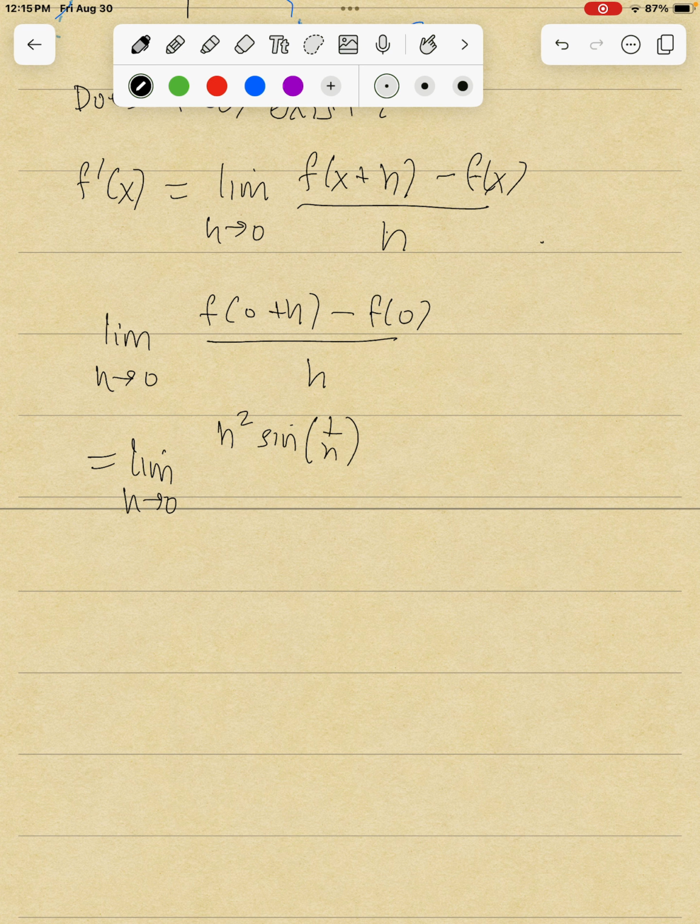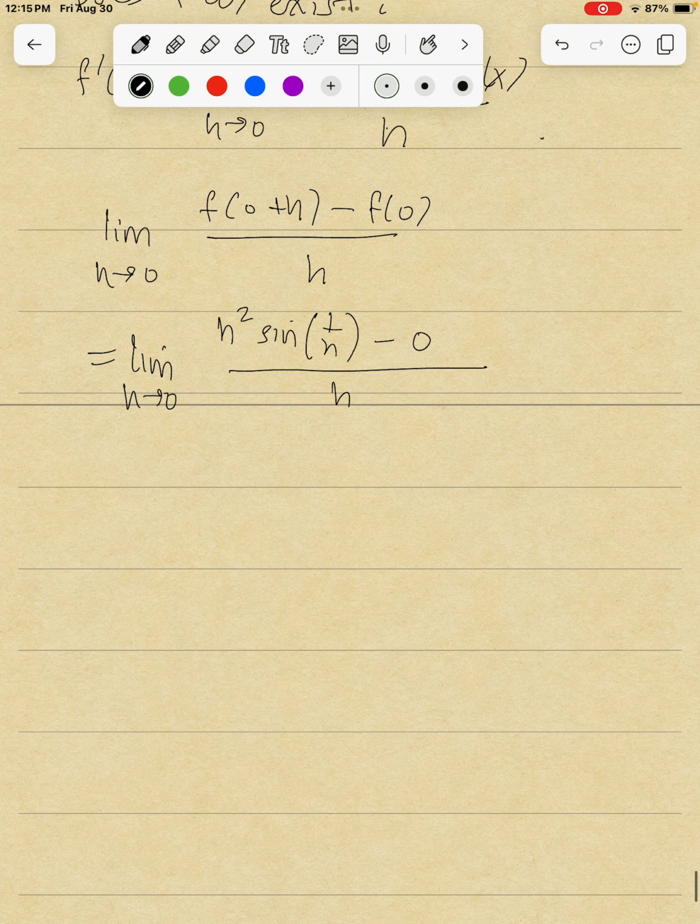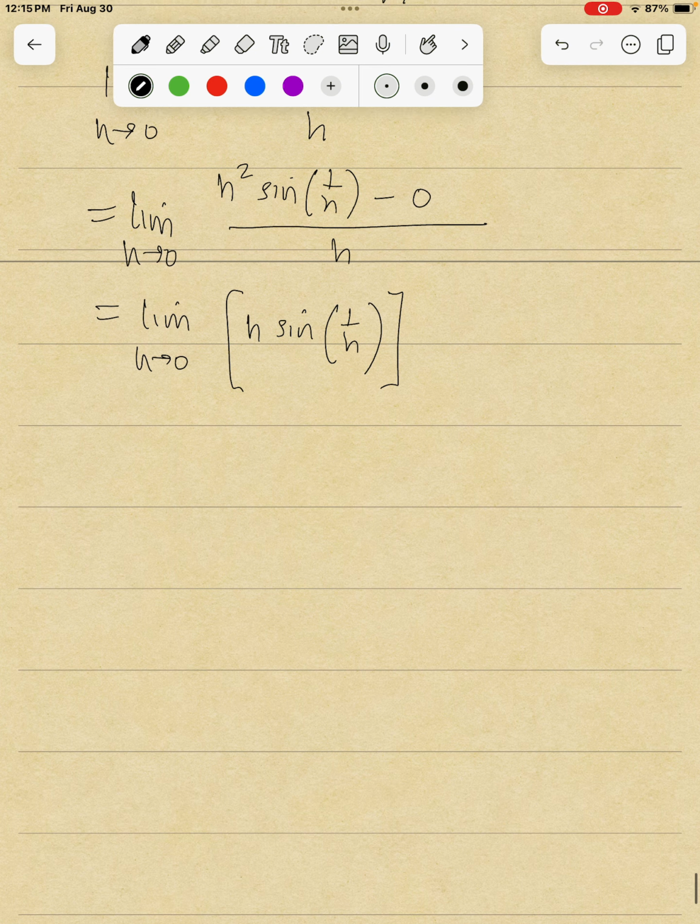And now I subtract f of 0, which is defined to be 0, and then I divide the whole thing by h. And that gives me the limit as h goes to 0 of h squared sine of 1 over h all over h. And now the h's cancel, and so I have h times sine of 1 over h. So I'm trying to find the limit of this as h goes to 0.